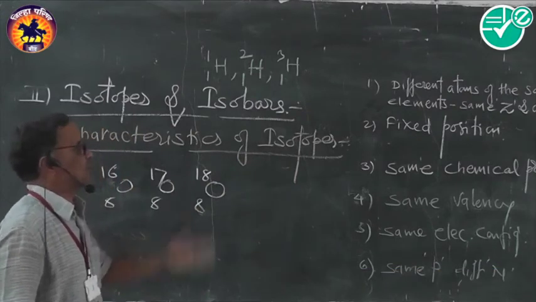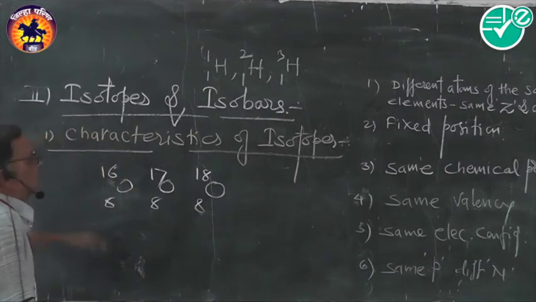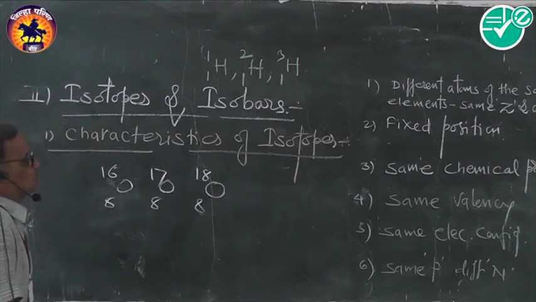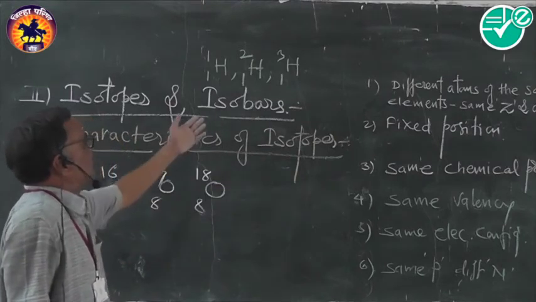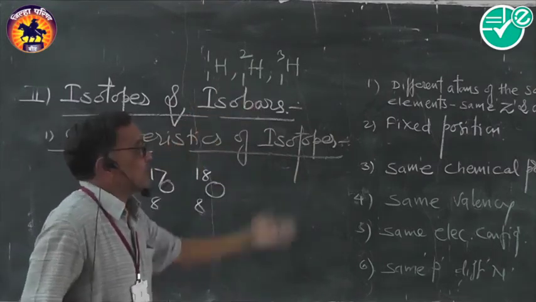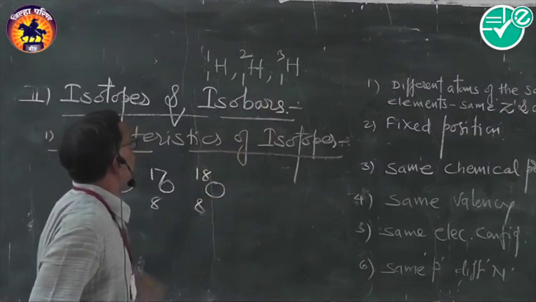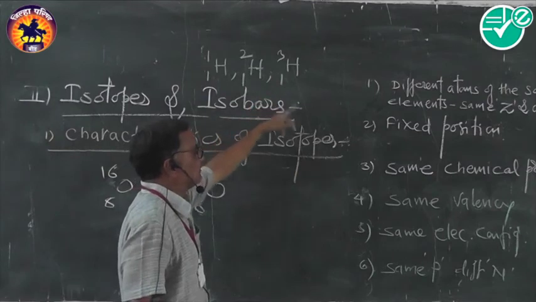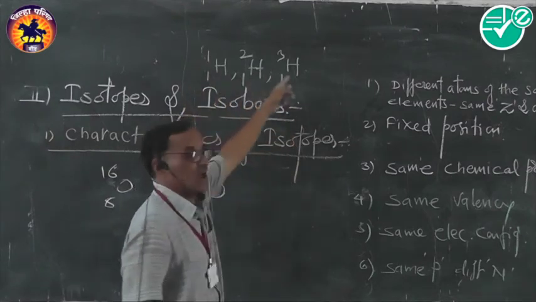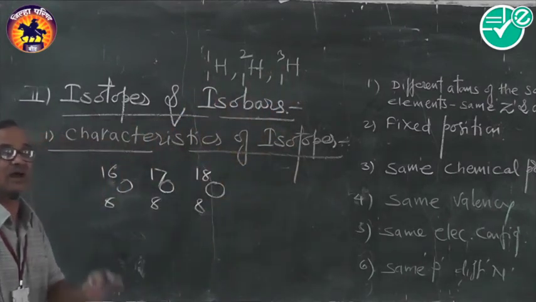So in the definition, isotopes are the different atoms of the same element, that is oxygen, oxygen, oxygen, hydrogen, hydrogen, hydrogen, having the same atomic number but different atomic mass number.